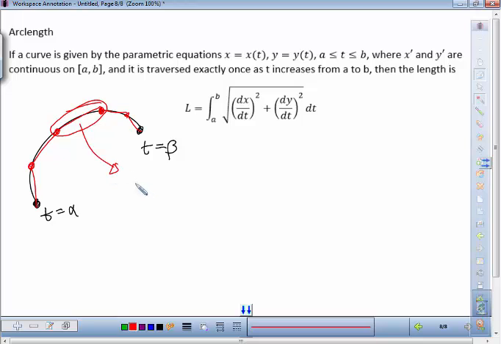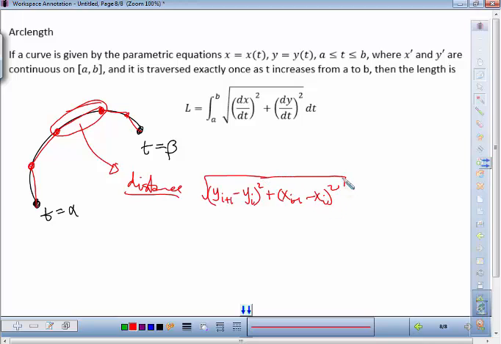So the distance is, what's the distance? The distance is like the square root of y_{i+1} minus y_i squared plus x_{i+1} minus x_i squared, or something like that, right?